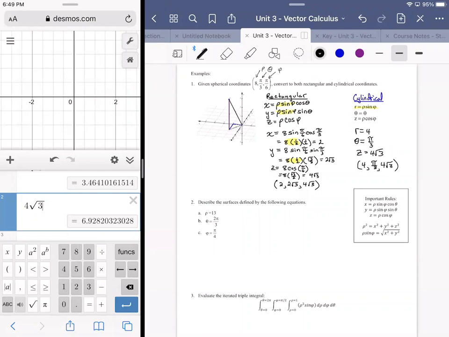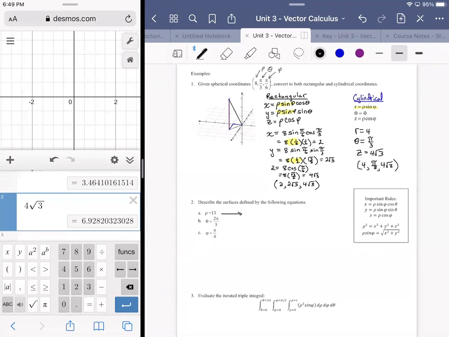But we want to be able to do this. I mean, you already see 2 and 3 looming. In 2 is not too bad, because you see the first one right off the bat. Oh, that's fun. First one right off the bat is taking rho and setting it equal to 13. Well, rho squared is equal to x squared plus y squared plus z squared.